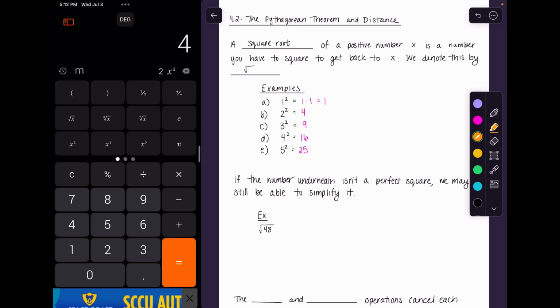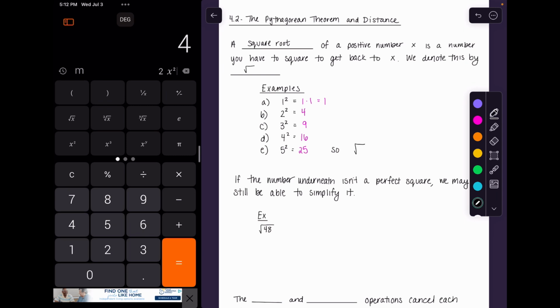Okay. So now I'm going to undo this operation, which means I'm going to take the square root of each of these numbers, and it's going to land me back at the number I started with that I was squaring. Going through these, I'm going to start at the bottom and work upward.